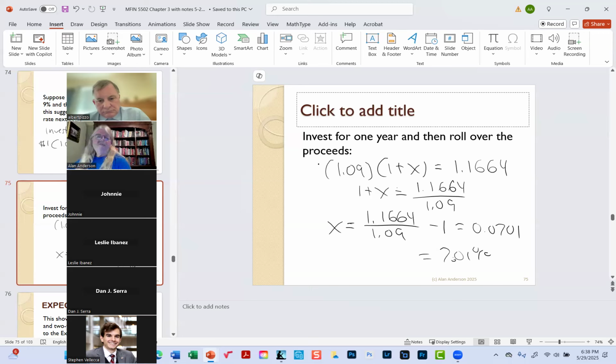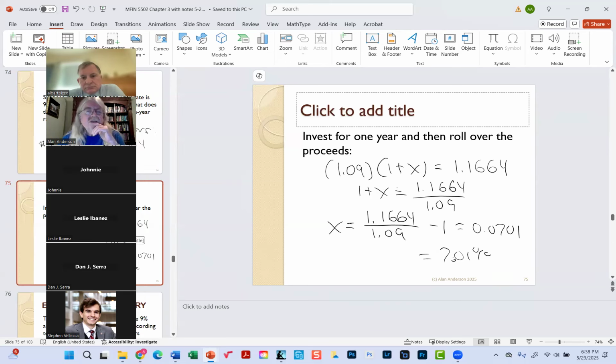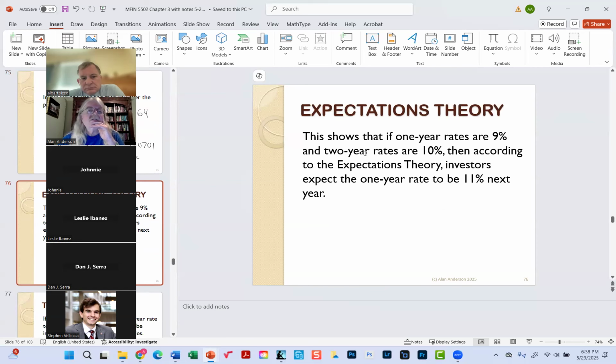So in other words, the fact that the 2 year rate is below the 1 year rate indicates that we believe the 1 year rate will only be 7% next year, according to this theory. Okay. So again, this is of course based on a lot of strong assumptions, but this is one possible explanation for the shape of the yield curve. Just straight ahead expectations. It goes up if we expect rates to go up, it goes down if rates are expected to go down.